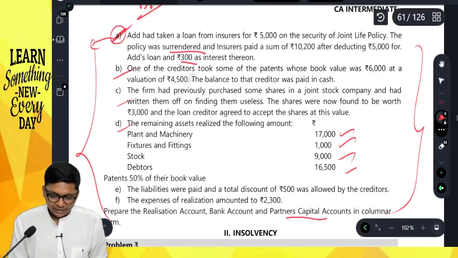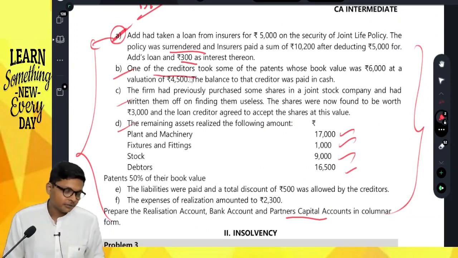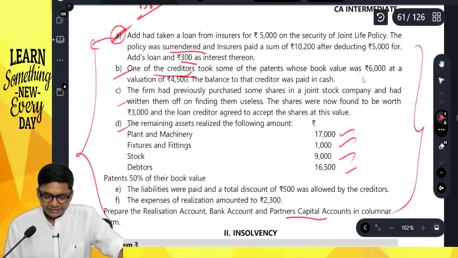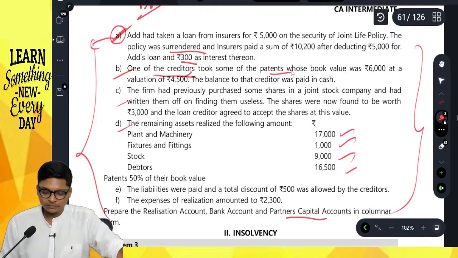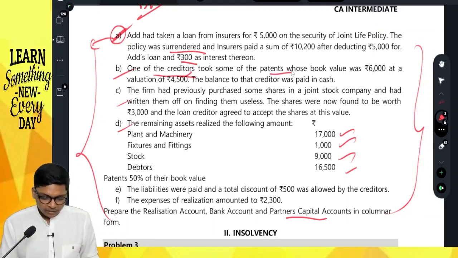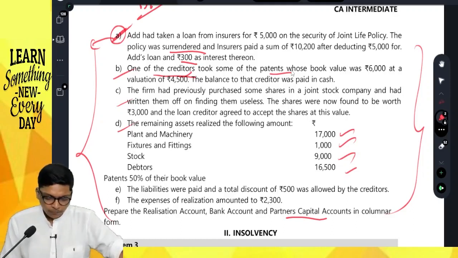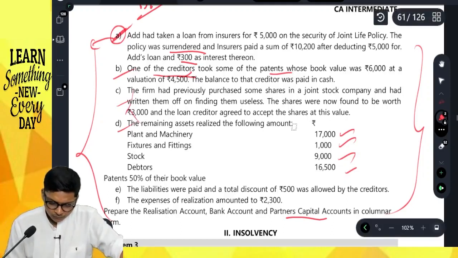One of the creditors. Even before I read, let me see if there is some other creditors adjustment. This is something to do with creditors and patent, correct? If this adjustment is independent, I would finish it, easy. But there are some other adjustments relating to creditors or patents. Point C, creditors.